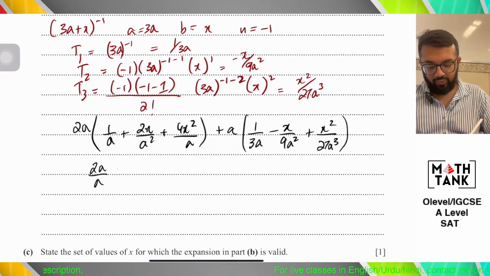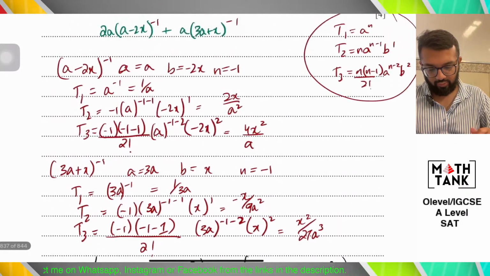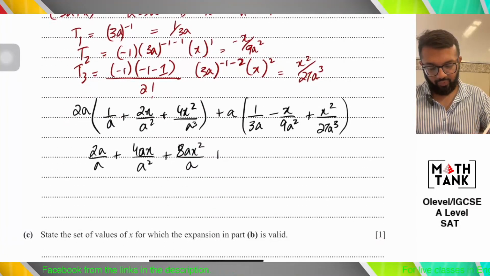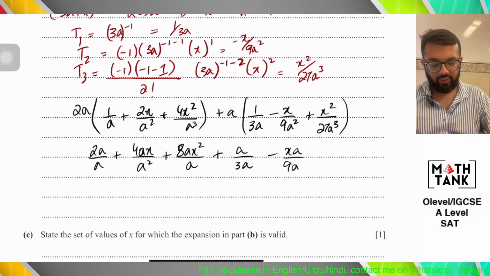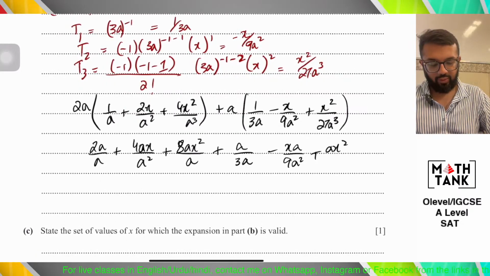Okay, so 2a over a plus 4ax over a square plus 8ax square over a cubed, plus a over 3a minus xa over 9a square plus ax square over 27a cube.